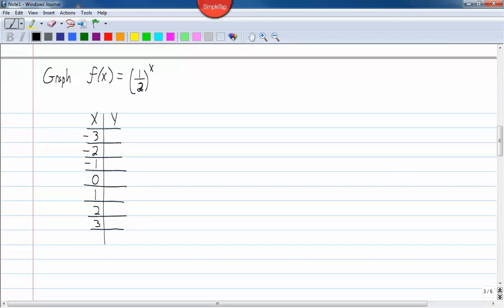Alright, but what do I have if I plug in a -3? I'd have y equals 1/2 to the -3rd power. So how do I do that? Well, one way is you flip the fraction. So you make that 2/1 or just 2, and that'll make the power positive.